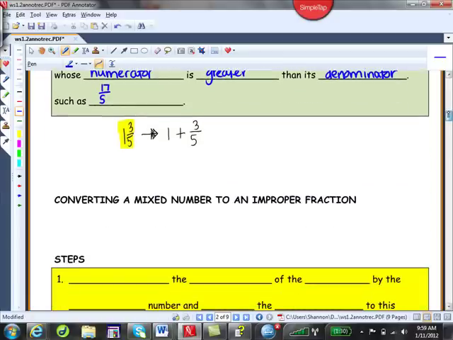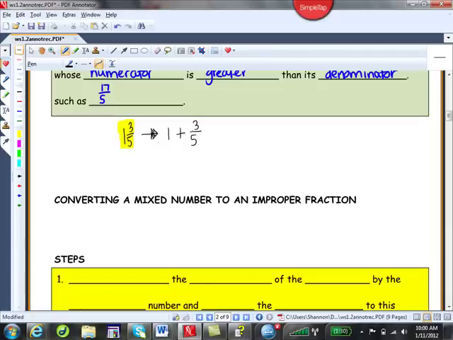Let's take a look at how we could convert a mixed number to an improper fraction, and then we'll be checking out how we would convert an improper fraction into a mixed number. So why don't we take our old friend here, 1 and 3/5, right? Here we just said that 1 and 3/5 is the same as 1 plus 3/5.